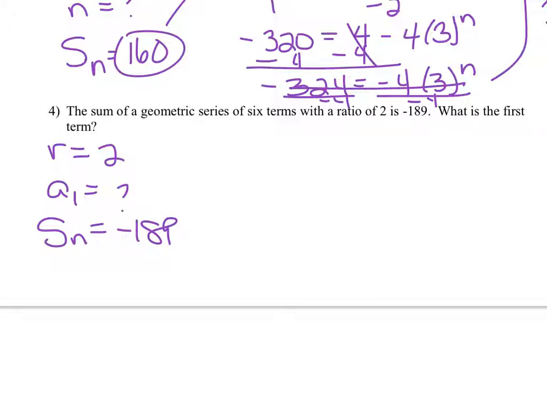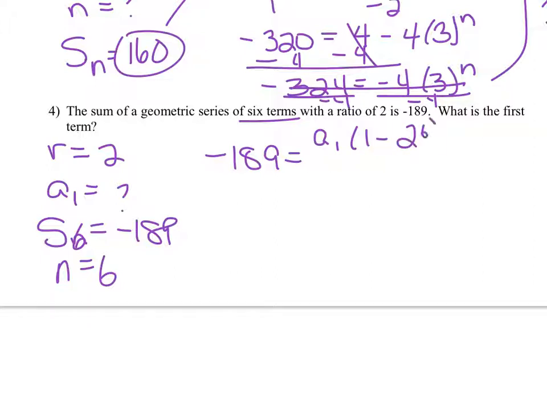So plugging this in, I know negative 189 is equal to a sub 1 times 1 minus the common ratio. And, oh, we know n is 6 also. So the common ratio is 2 to the 6th. And then this is 1 minus 2. And we just solve.